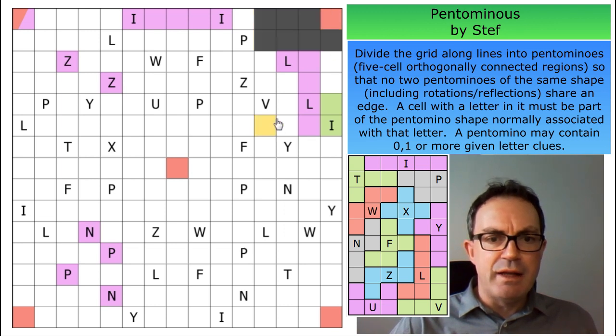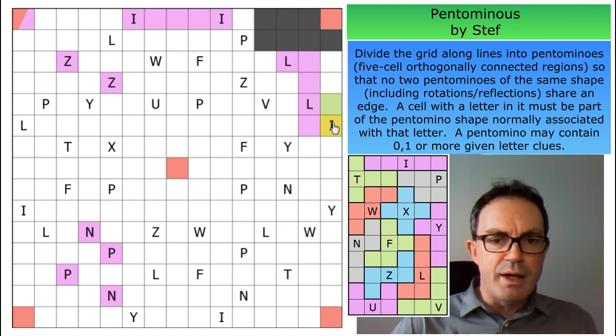If I just highlight that, let's just think about what pentominoes can reach this black region. I can reach one of the cells. The pentomino that's in the corner can deal with 4 of the black squares. 1, 2, 3.